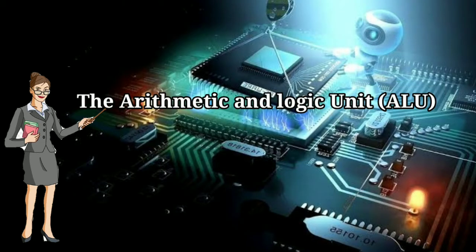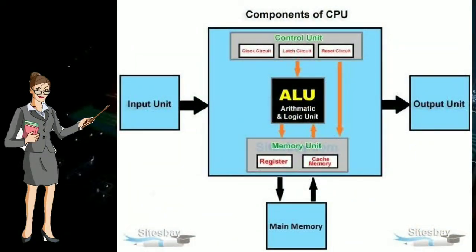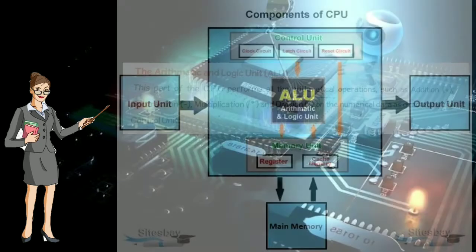Second, the arithmetic and logic unit, means ALU. This part of the CPU performs all the arithmetic operations. Arithmetic means mathematical, such as addition, subtraction, multiplication and division on the numerical data as directed by the control unit.